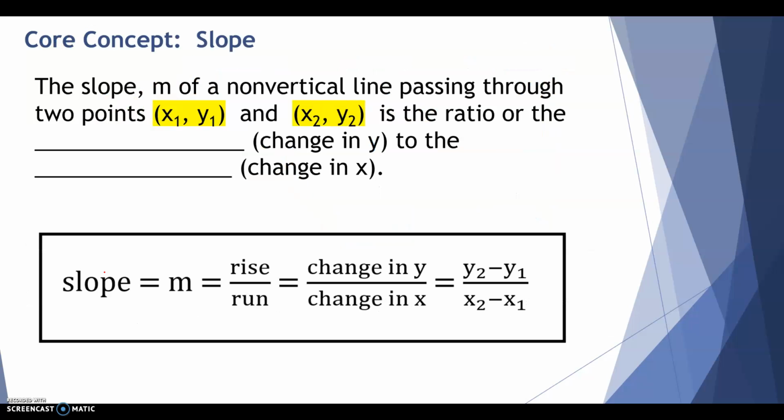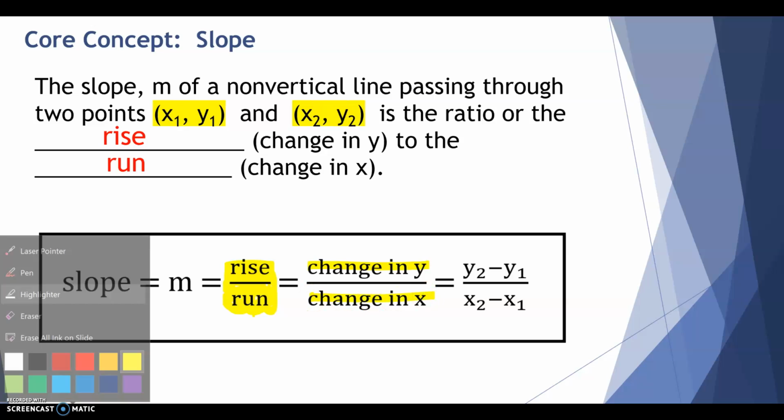So the slope m, that's the letter that some mathematician gave it, of a non-vertical line passing through those 2 points is the ratio of the rise to the run. So you should remember rise over run. It's the change in y over the change in x.